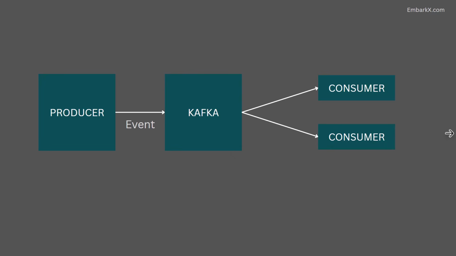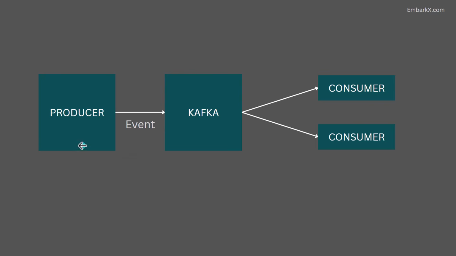Now let's move on to the next concept, which is a producer. A producer is someone who produces the message, who produces the event. In the context of WhatsApp, if you are sending the message, you are the producer. If my friend Sarah is producing the message, she is the producer. In Kafka, a producer is any app or service that sends data to Kafka.